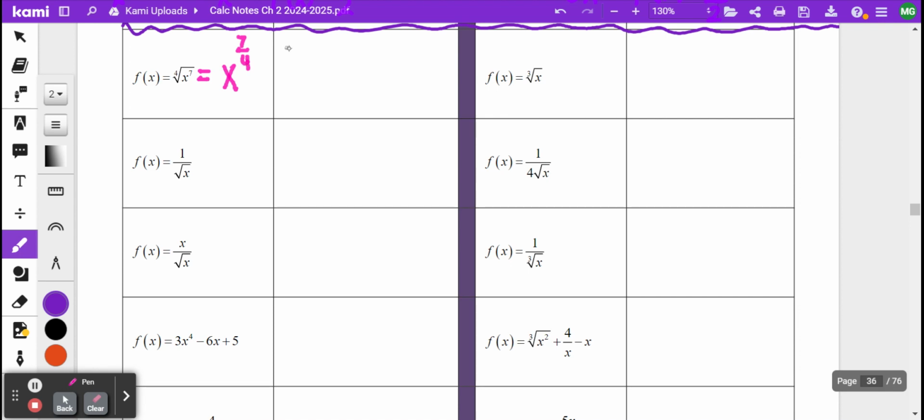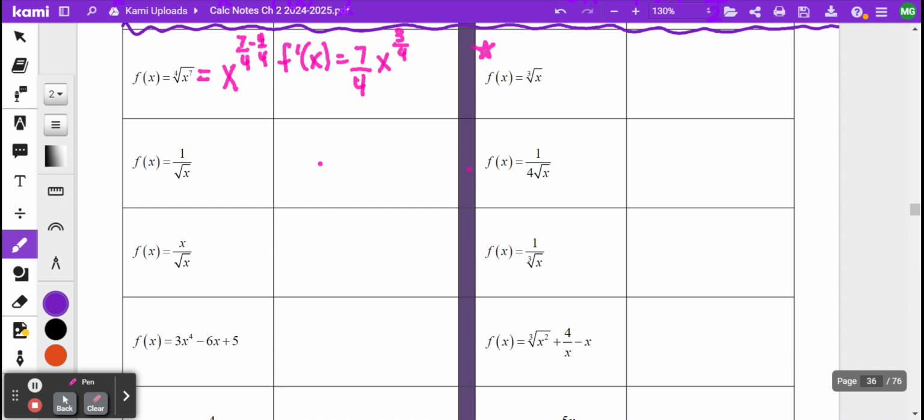So now when we take the derivative, we have 7/4 times 1, which is 7/4, x to the, and now we do 7/4 minus 4/4, which gives us x to the 3/4. So you definitely want to rewrite that radical with a rational exponent.